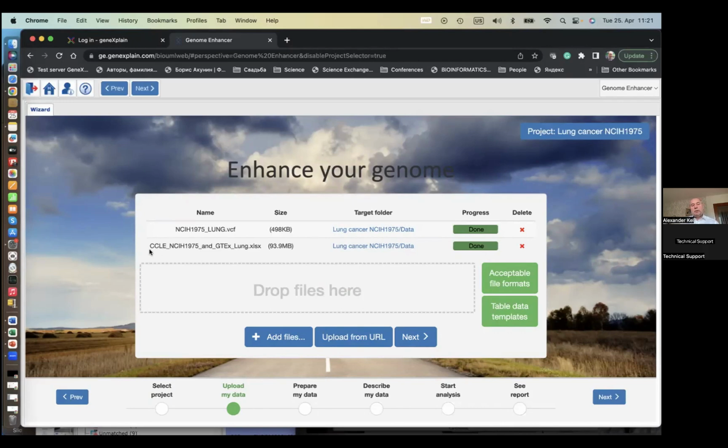In case of cell lines, of course, we have a lot of data available. There is a resource called Cancer Cell Line Encyclopedia, where you can get those mutations in the cancer and many other omics data about those cell lines.